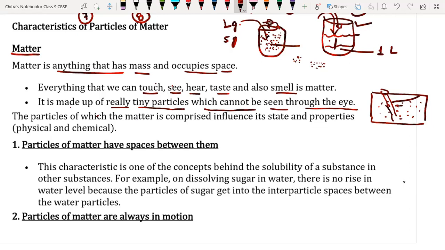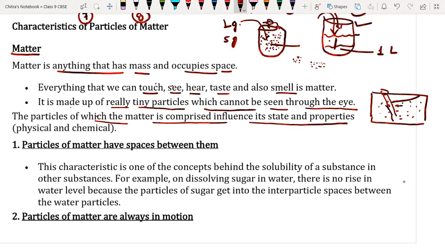The particles of which matter is comprised influence its state and properties. Different matter is made up of different types of tiny particles, and the physical and chemical properties are decided by those particles only.